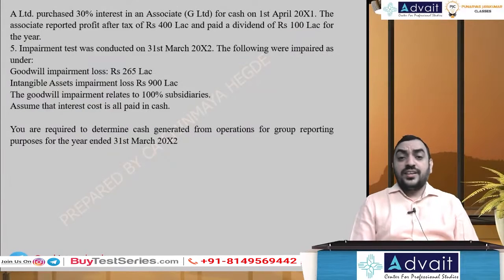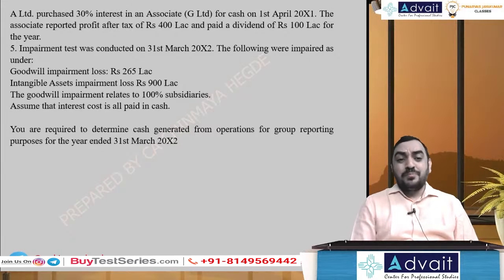A Limited purchased 30% interest in an associate for cash on 1st of April 2001. The associate reported a profit after tax of 400 lakhs and paid a dividend of 100 lakhs for the year. Impairment test was conducted on 31st of March 2002.